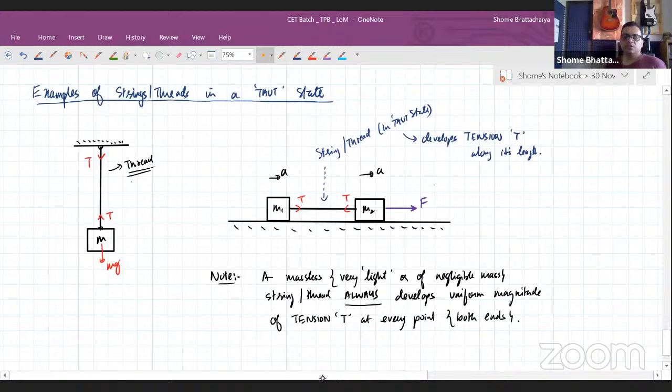So we'll understand this more through examples next, but make a note of this first.